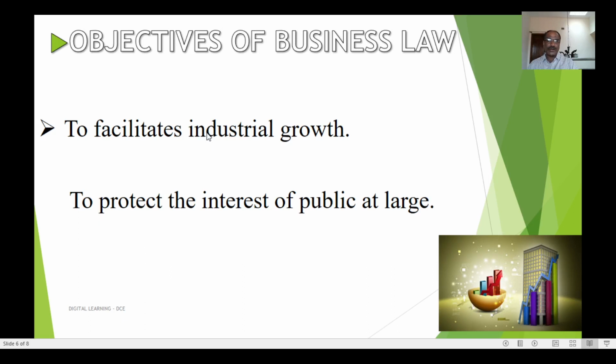It will continue for a long time, and we can get employment generation, and there will not be any loss of employment. That is possible because of the business law.